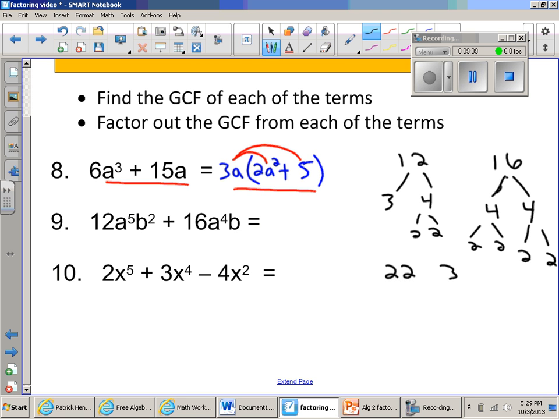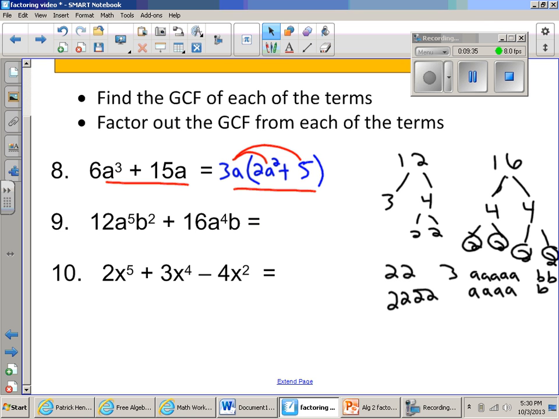And I have 5 A's this time and 2 B's. Now I have 1, 2, 3, 4 2's here. So 2, 2, 2, 2. Now I have 4 A's and 1 B. Find the GCF by circling what's in common with both rows.